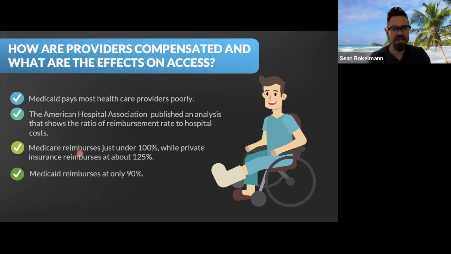They found that Medicare reimburses at just under 100%, while private insurance reimburses at about 125%, which I'm not sure where that's coming from. Why is the insurance company paying more than 100%? I don't know, but that's what they found. Medicaid reimburses at only 90%. So Medicaid seems to be doing a pretty poor job of paying healthcare providers, certainly worse than Medicare and private insurance.